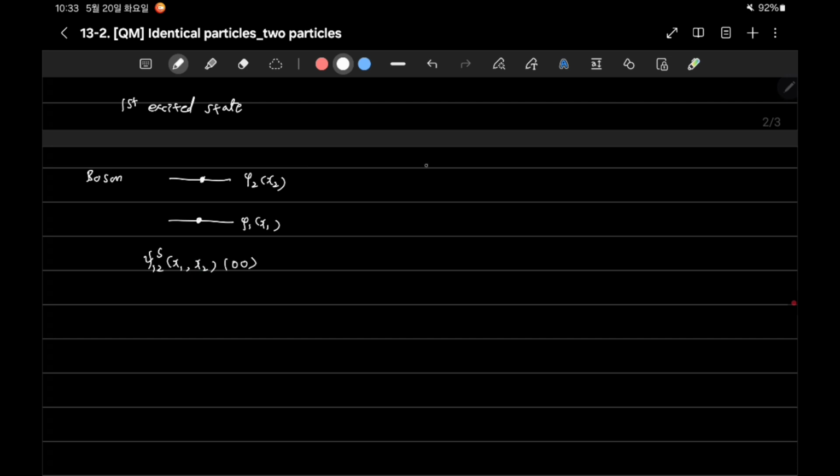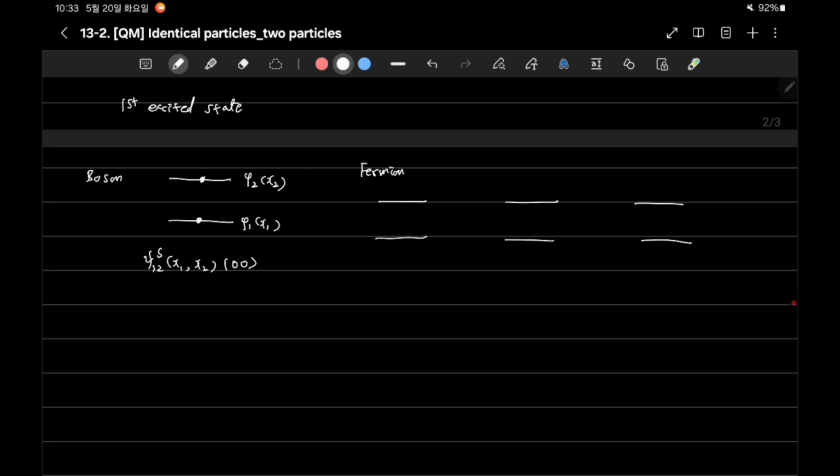How about the fermion? In the fermion case, triplet states can exist: triplet states 1, 2, 3.